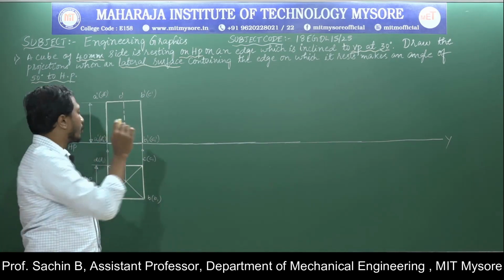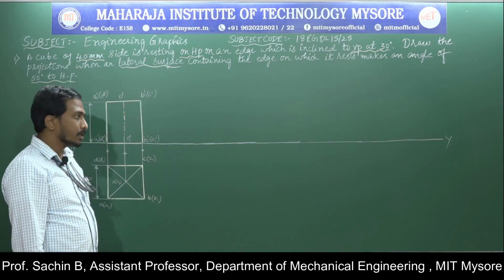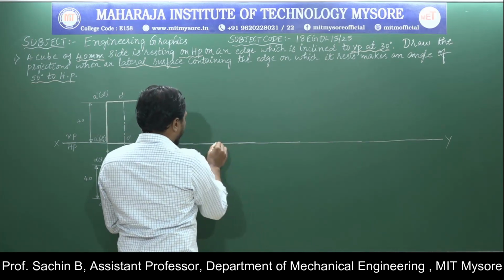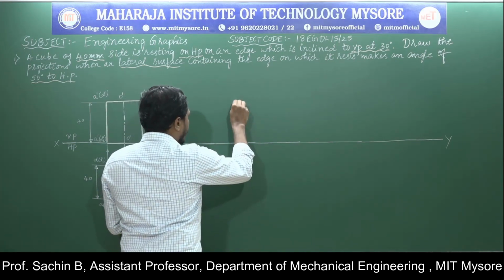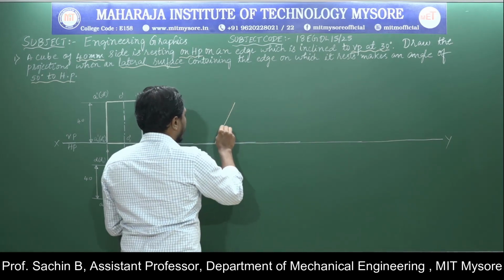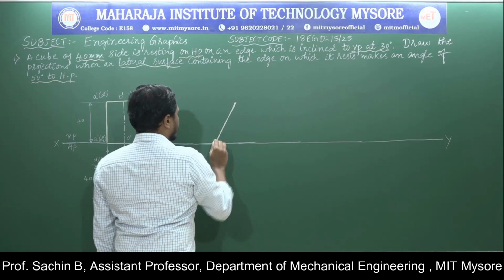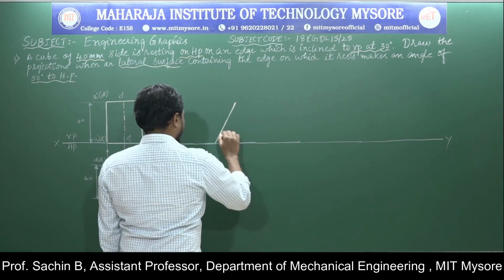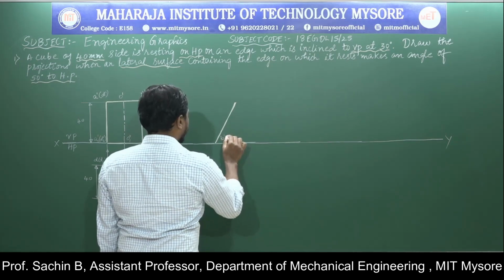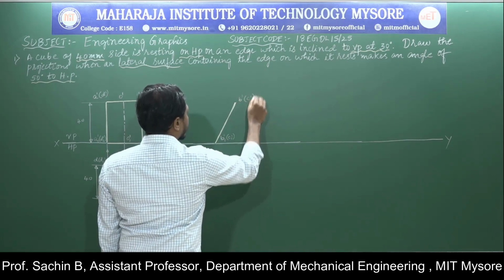Based on that, I am going to draw this B dash to B1 dash edge at an inclination of 50 degree in the second position, a line of length 40 mm inclined at 50 degree. This is B1 dash in bracket C1 dash. Next, this is B dash in bracket C dash.